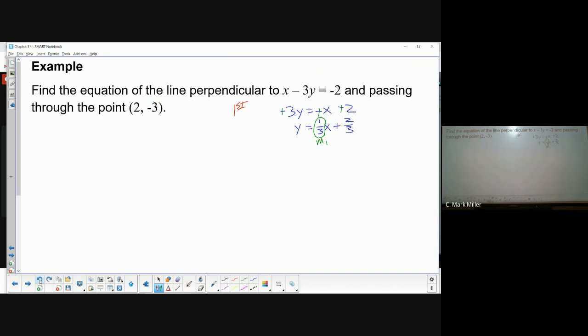The slope of my perpendicular line, M2, is going to be -1 over M1. That is -1 divided by 1/3. You have a couple of options how to simplify that. First of all, you need to simplify that. It is -3.